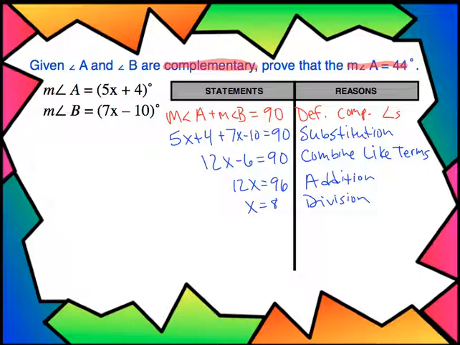Now once you get x, you've got to figure out what you're really looking for. That's the measure of angle A. So right now, what we know about A is that it equals 5x plus 4. And that's just given to us in the problem. Now we can plug the 8 into here.